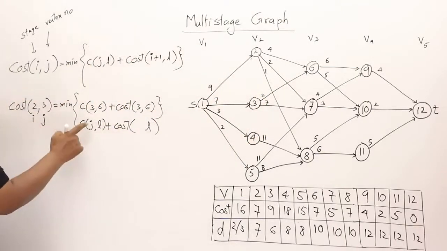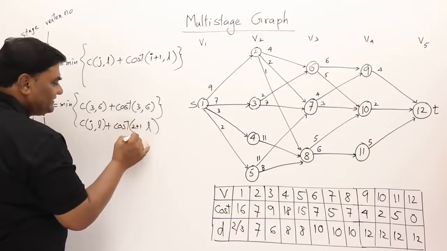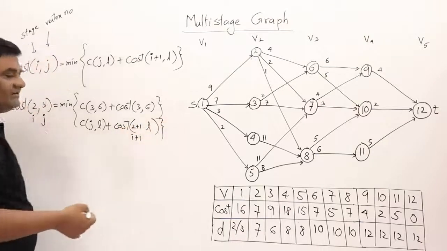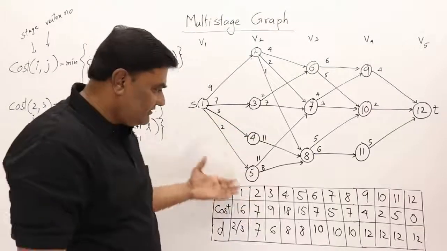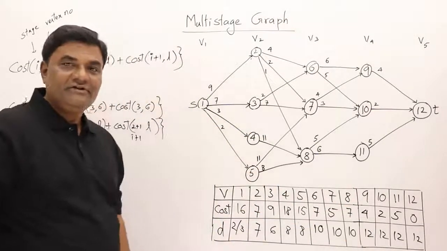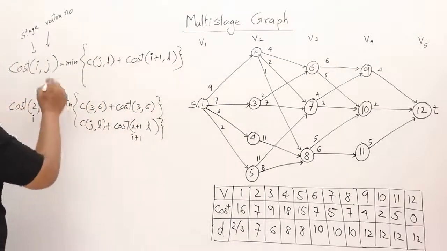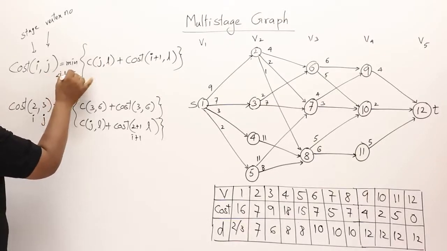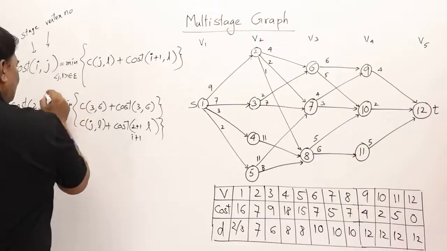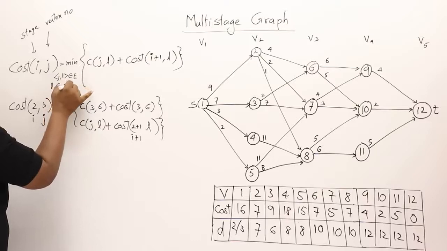So this is i plus 1. If i is 2, then this is 2 plus 1. This is how we were using the formula for finding these costs in multi-stage graph. So this is the formula for multi-stage graph. And we say that j and l belongs to set of edges and l belongs to next stage.